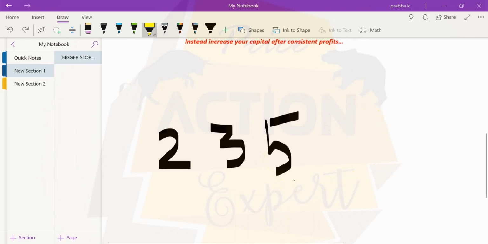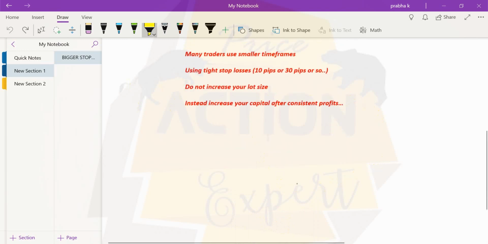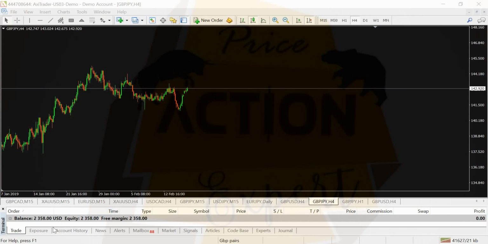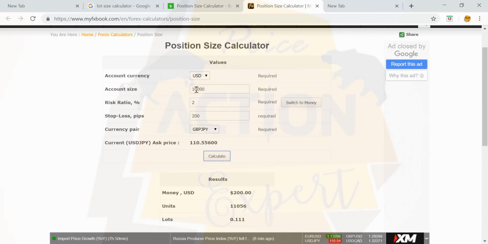Let me clean this up. Okay, for a 2358 account size, let's calculate. This could be 1%, and the stop loss, let's say it's 100. Okay, calculate.